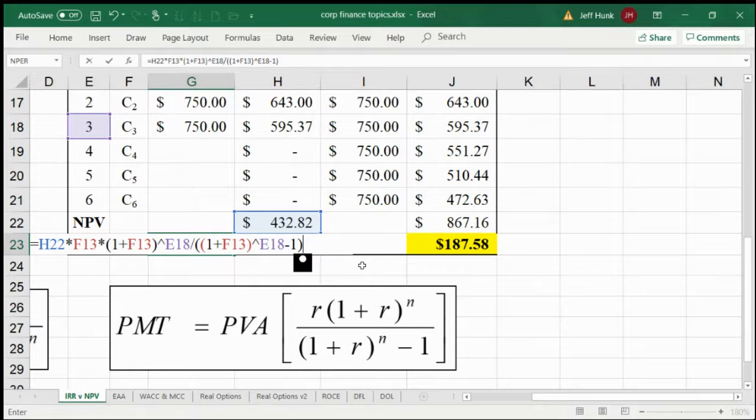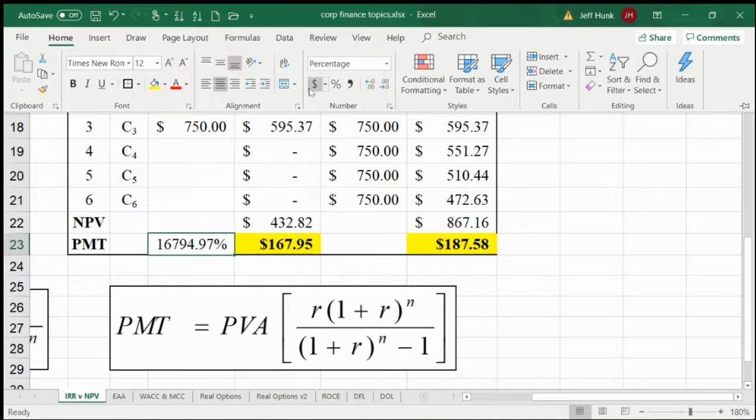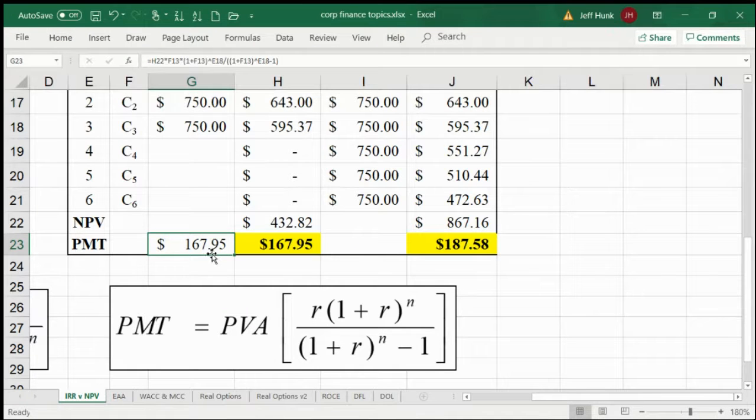That's the syntax, the mathematical grammar should be correct. So if you hit enter, oh, that's not a percentage. It was wrong. Originally, the percentage internal rate of return was put there, so all you need to do is simply change it to dollars. We got the same.